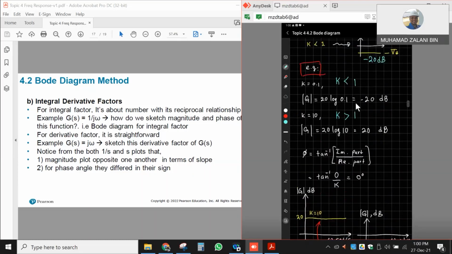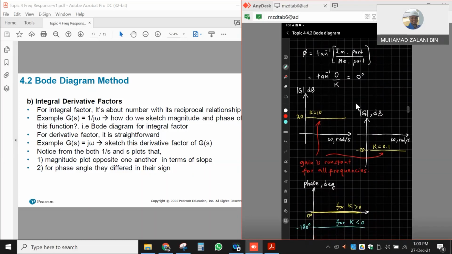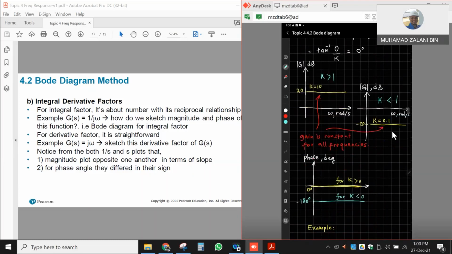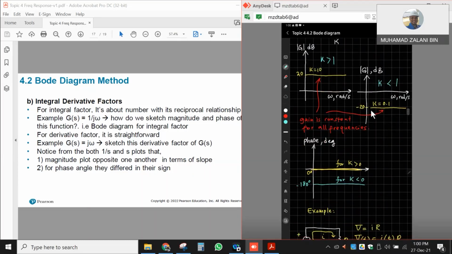So when we plot for different systems, if k is greater than 1, we should expect a constant plot of the gain at positive 20 decibel. And if k is smaller than 1, we should expect a constant plot at negative 20 decibel for k equals 0.1.